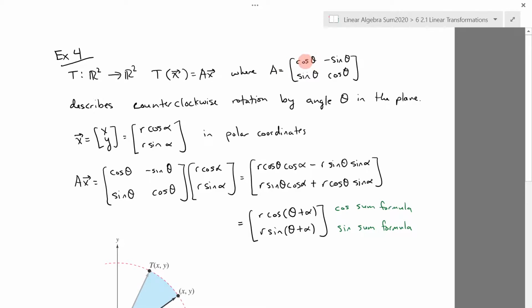If you take A to be the 2 by 2 matrix cosine theta, minus sine theta, and so on, whatever theta is, you would calculate the trig functions for this angle, say 30 degrees or 60 degrees or 45 degrees. Then the transformation given by multiplication by this matrix represents a rotation going counterclockwise by the angle theta in the plane.